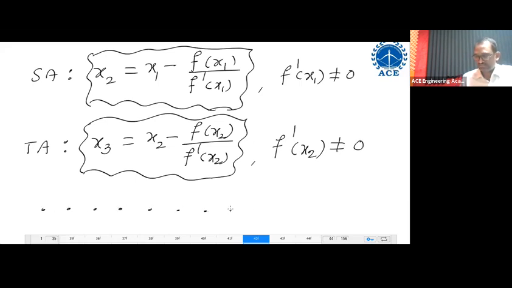Now we guess. First approximation is x1, second approximation is x2, third approximation is x3.